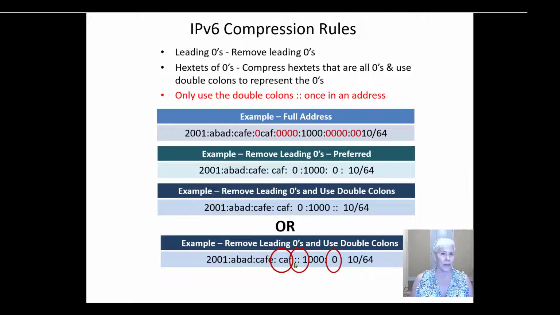And because I did my double colons in the first set of zeros, I cannot do that in the last set of zeros. So I just remove the leading zeros. So I can write this address either way. Another situation could be if you have 2 or 3 hextets in a row of all zeros, you would just replace that with a set of double colons.